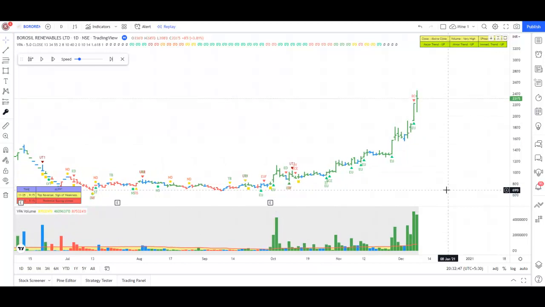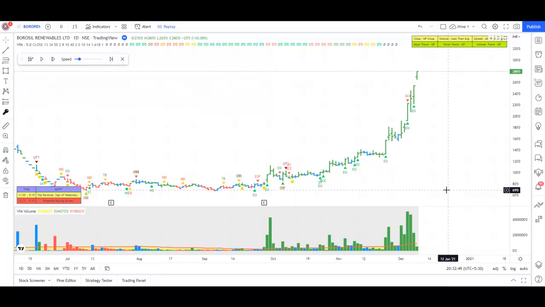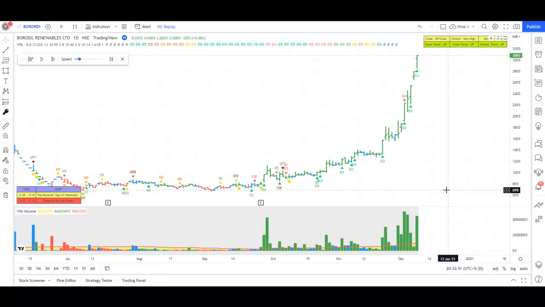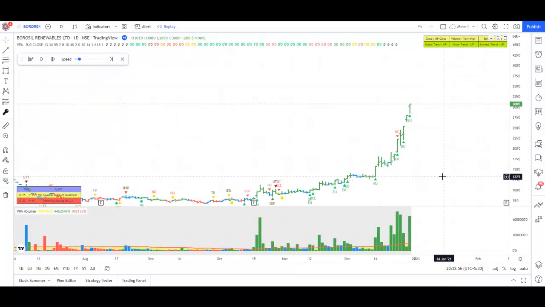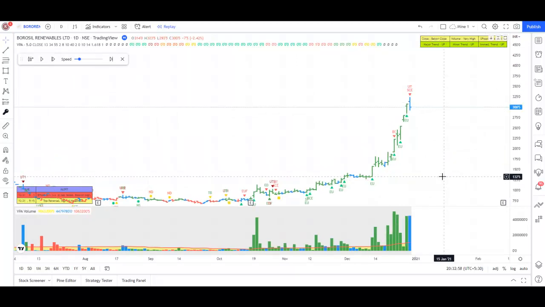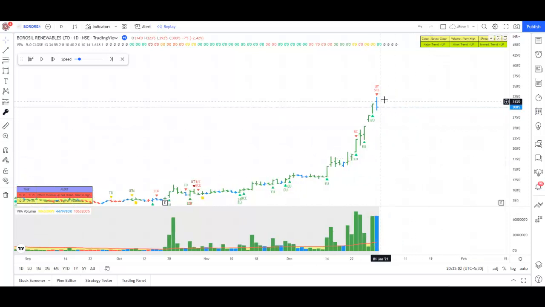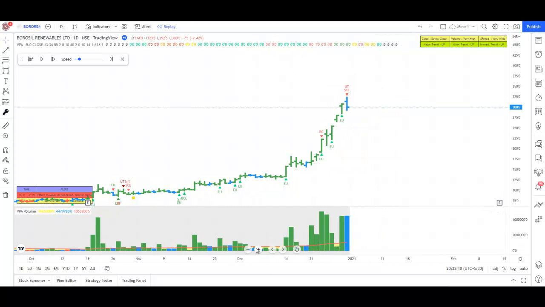A good move up here. Here we have an upthrust bar. So let me magnify it better.